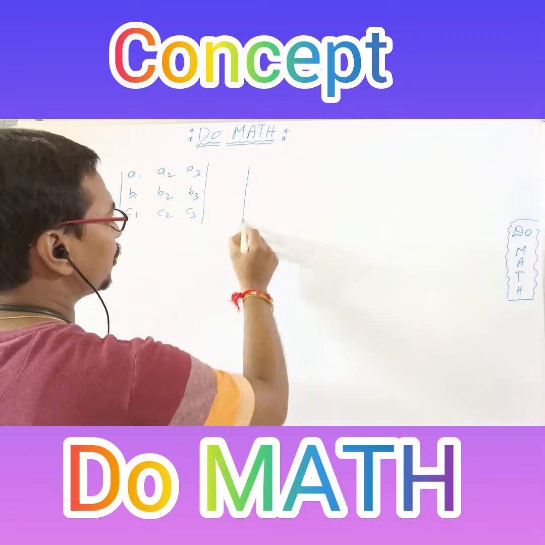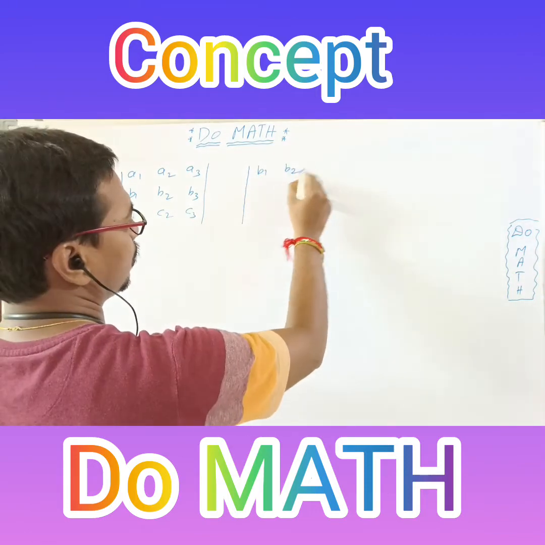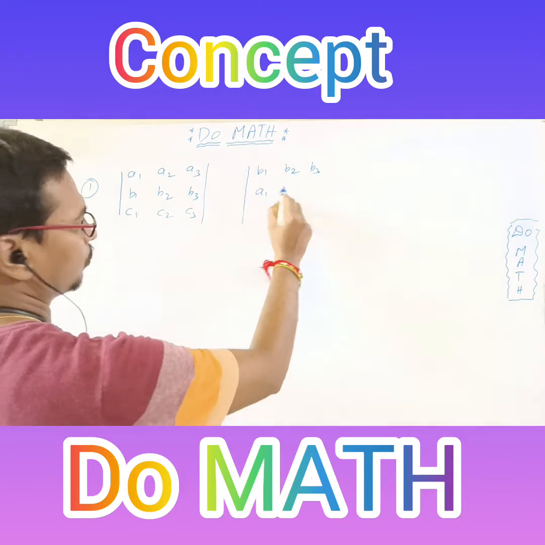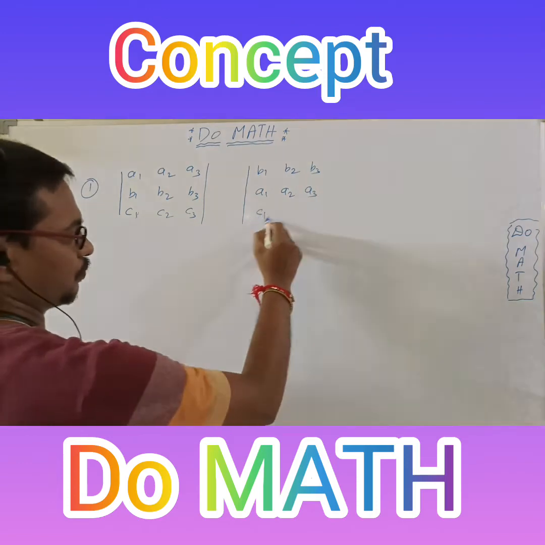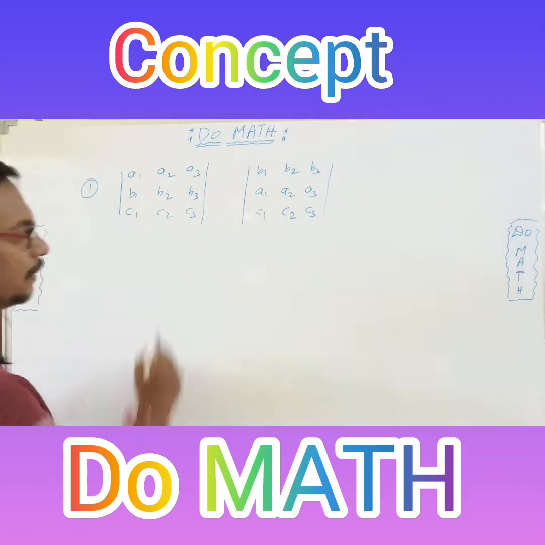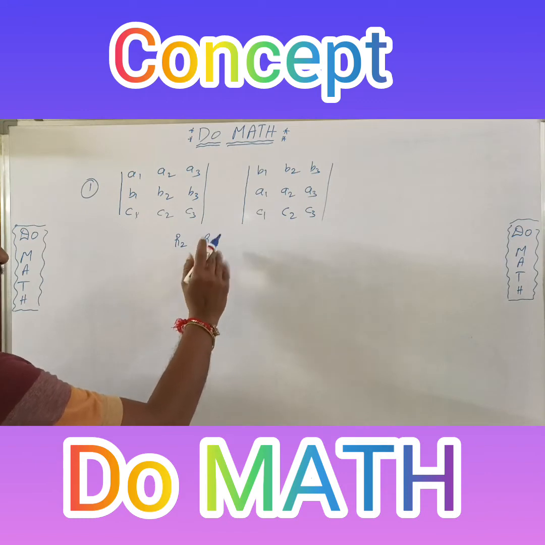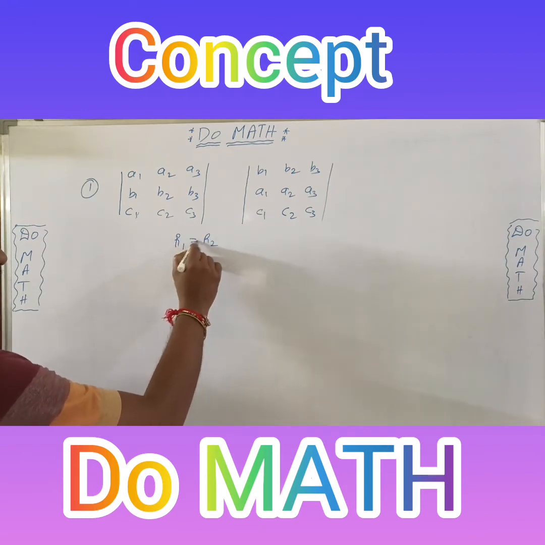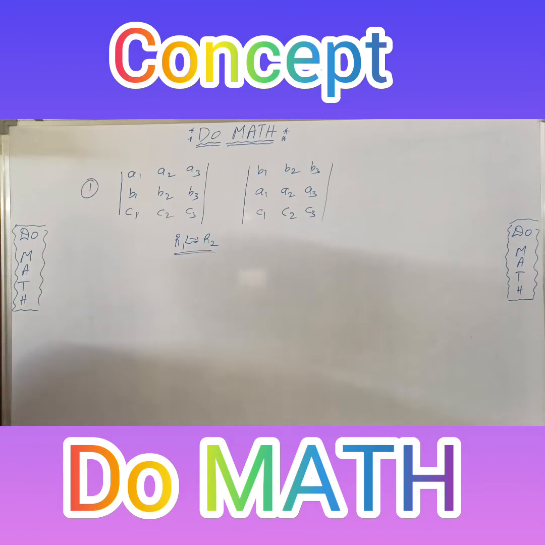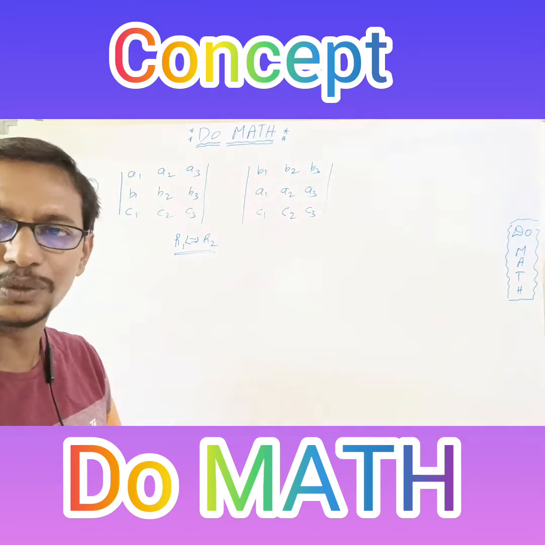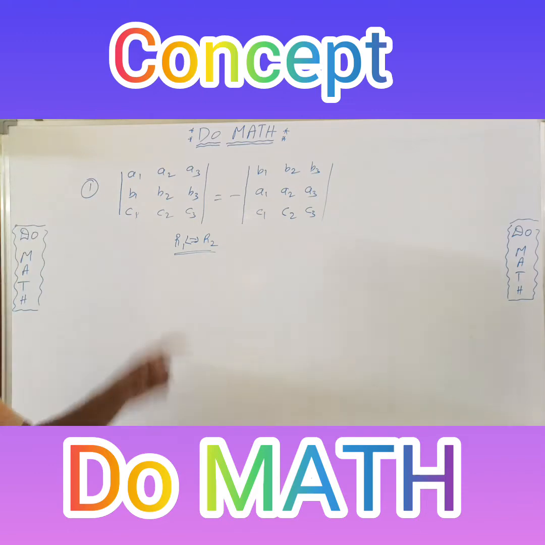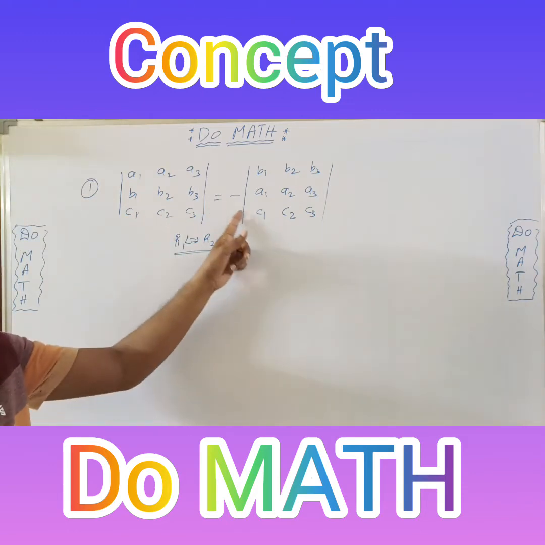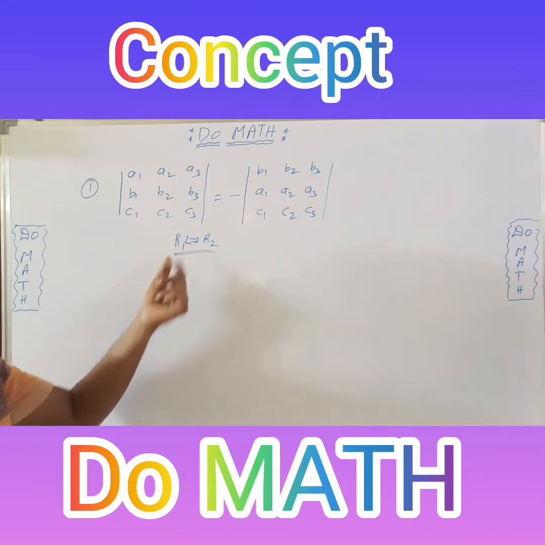Now I change the first row and second row, that means interchanging two rows, R1 and R2, or C1 and C2. So we can interchange any two rows or any two columns in a determinant, and the determinant sign will change. That means a positive value converts into negative and a negative value converts into positive when interchanging the rows or columns.